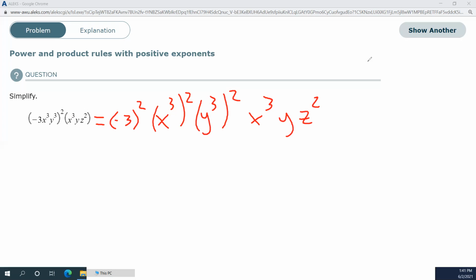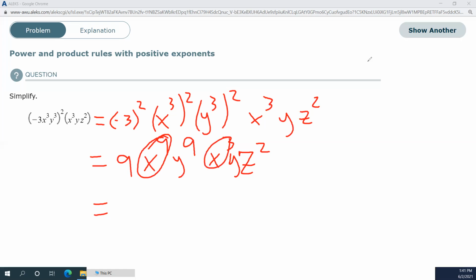Okay, let's simplify the power to a power stuff. They both become 6, and that becomes 9. Okay, so now I've done the power to a power stuff, but now I can say, hey, x to the 9th times x to the 3rd, that's where you add the exponents and get x to the 12th.